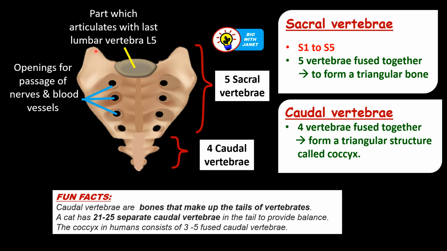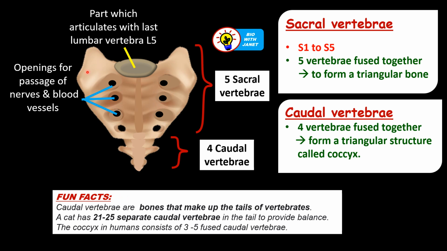And then at the side here are the facets or articulating surfaces that articulate or form joints with the pelvic girdle. The pelvic girdle is found on this side and it curves down here, and it's also found on this side here.